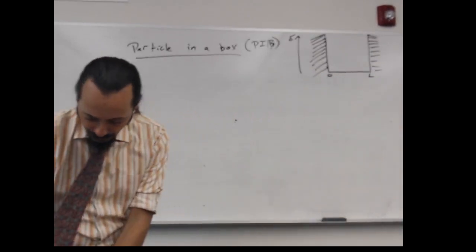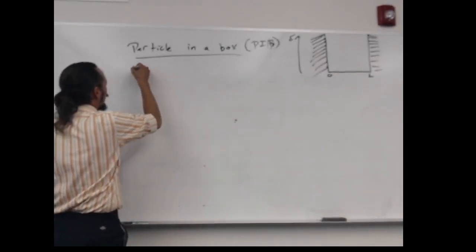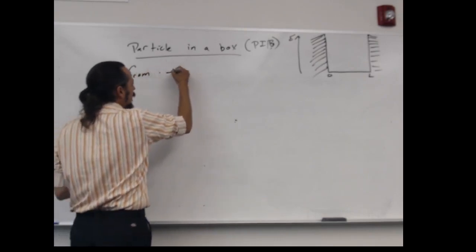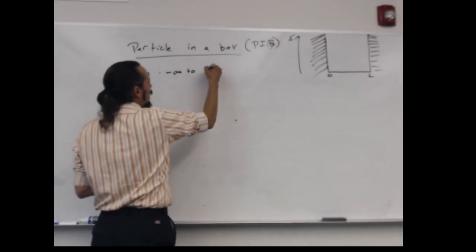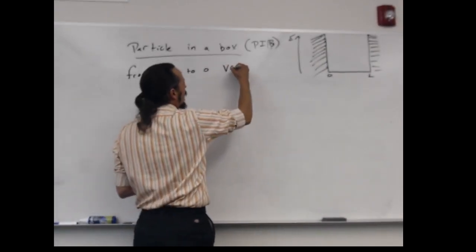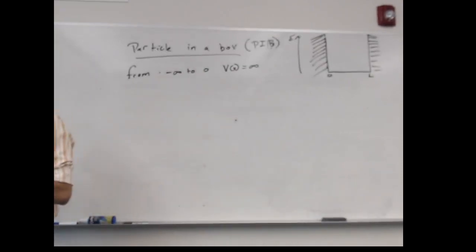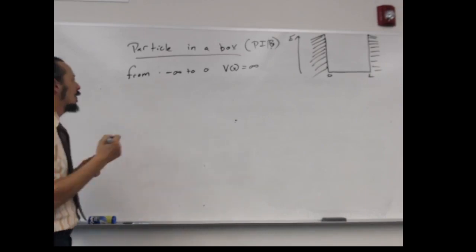Let's see. I had a nice way I wrote this down. Okay, here we go. I'm just going to write it down. From negative infinity to 0, our potential is equal to infinity. So essentially, it takes so much energy to get out of the box, the particle can never escape.